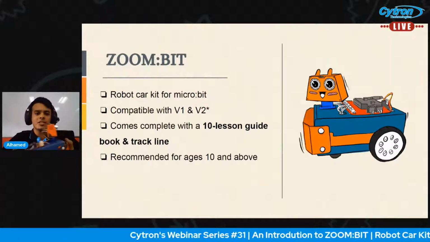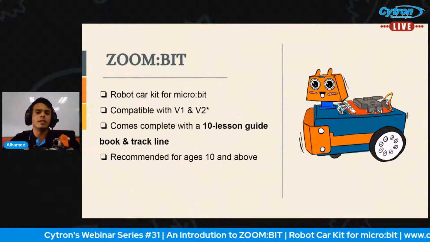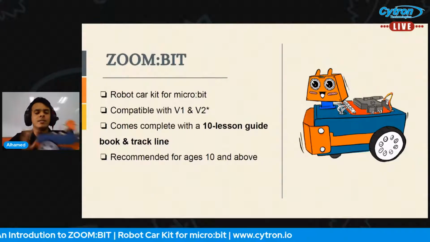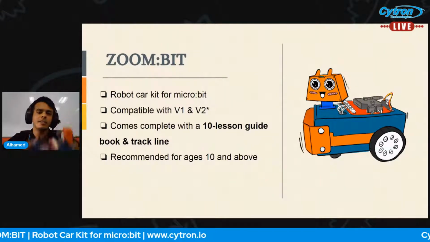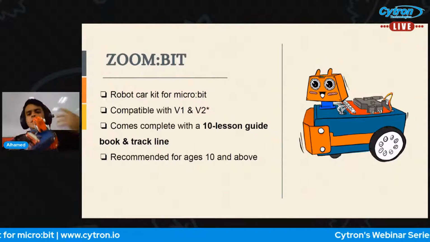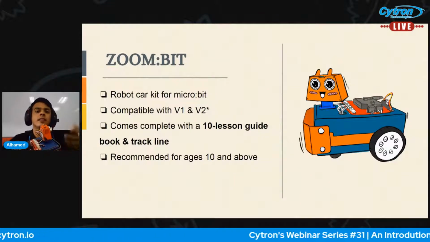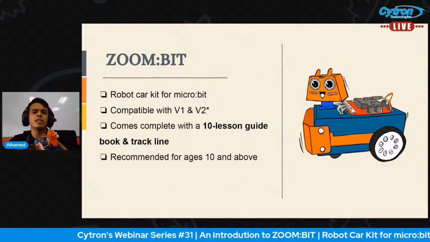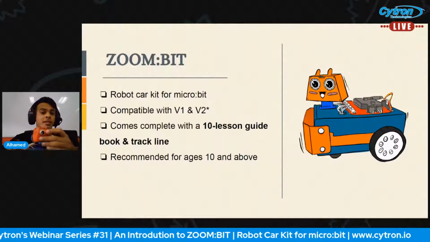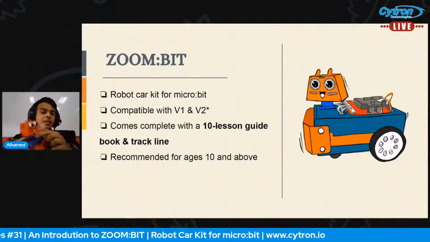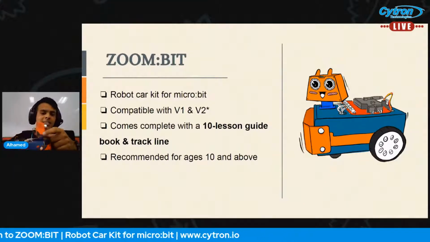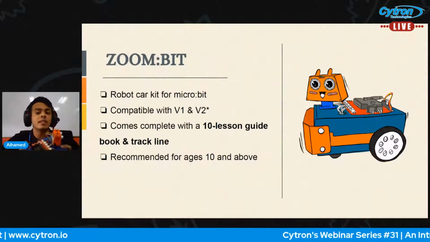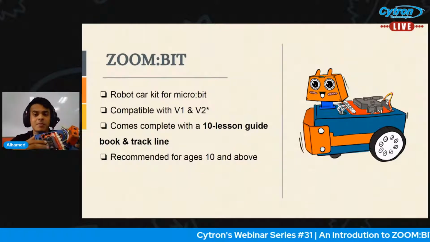As I mentioned before, this kit comes with a guiding book, and for each chapter or lesson in this book, you will learn a different thing. For example, in one chapter, you will learn how to move the robot car by programming the servo motor. In another chapter, you will get to play some music on the car or on the microbit.